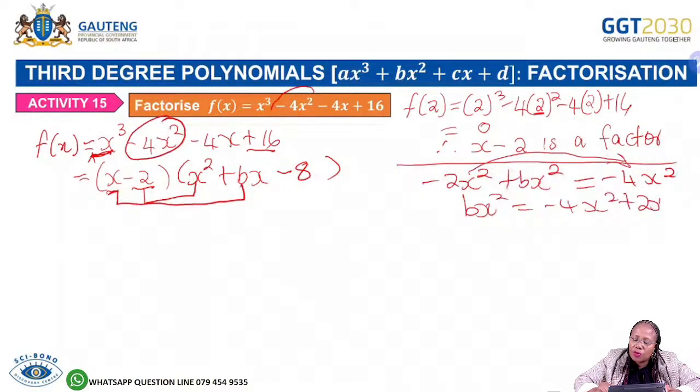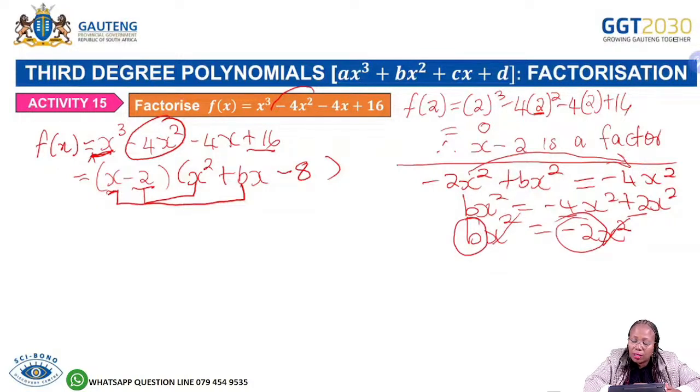It will be plus 2x squared. Bx squared equal to minus 4 plus 2, that is minus 2x squared. We don't need the x squared, we only need the value of b, which is b equal to minus 2. Back to our factors, x minus 2 into x squared minus 2x minus 8.